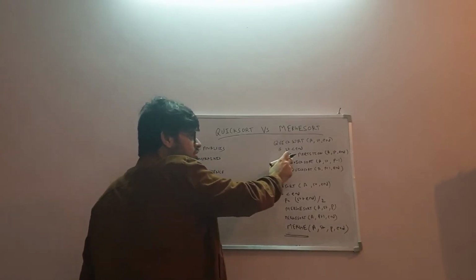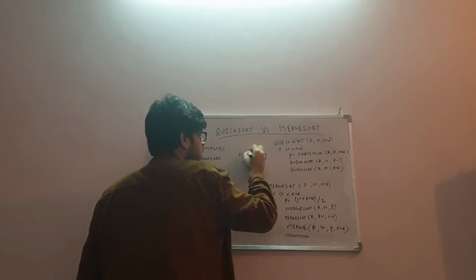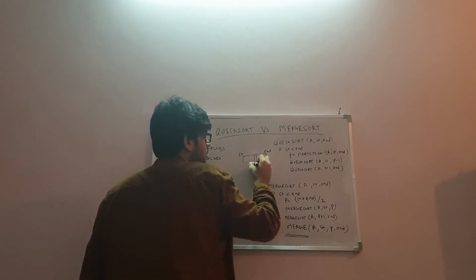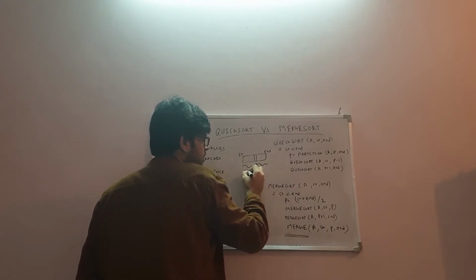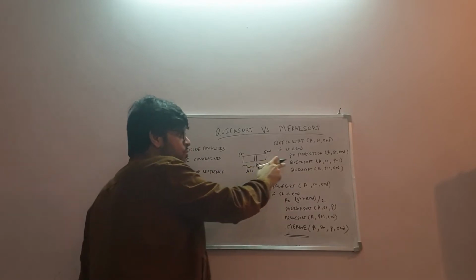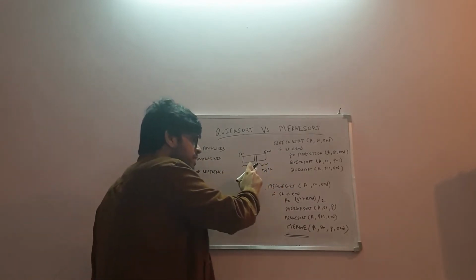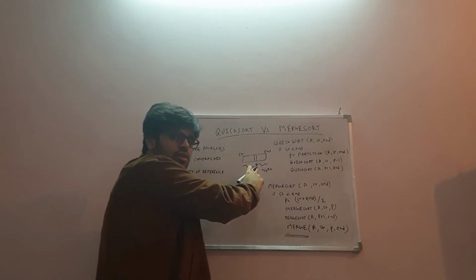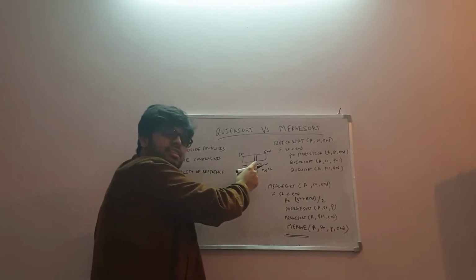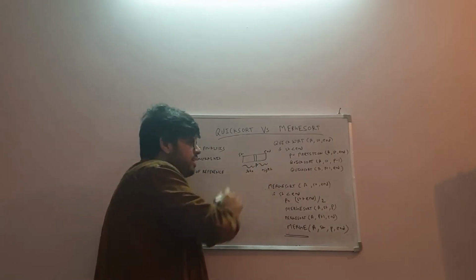That element is called the pivot element. So this is the left half, this is the right half. We partition this array around the pivot element. Now the pivot is at its correct position in the sorted order. Now we apply the same technique recursively to both the left half and the right half.